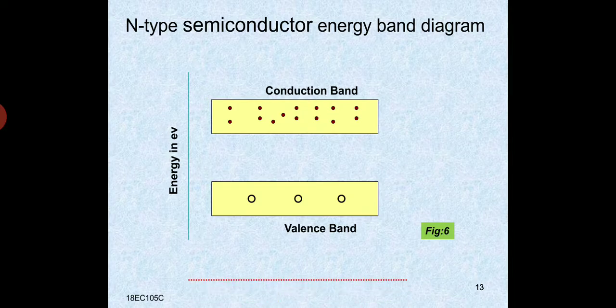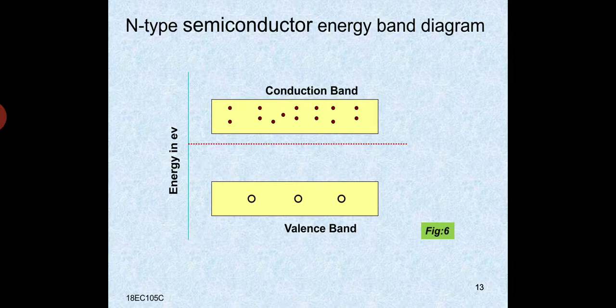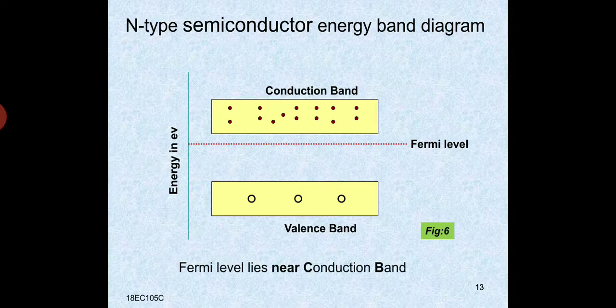And where does this Fermi level lie? Let us see. It is very close to the conduction band, as we have studied earlier in the previous sessions. So we have to remember well that the Fermi level here lies near the conduction band of the n type material.